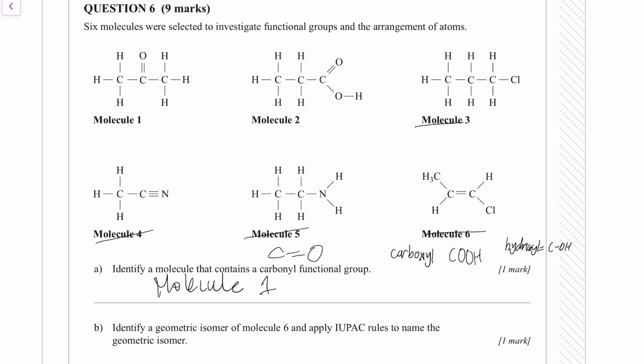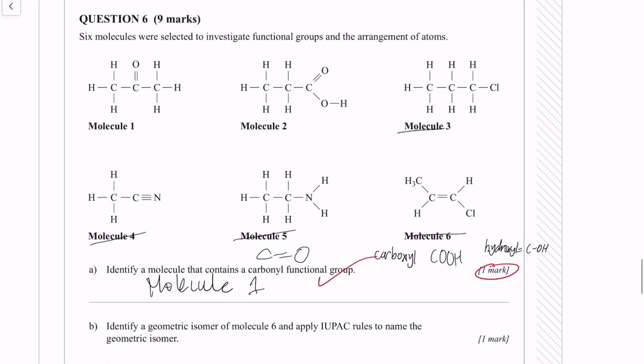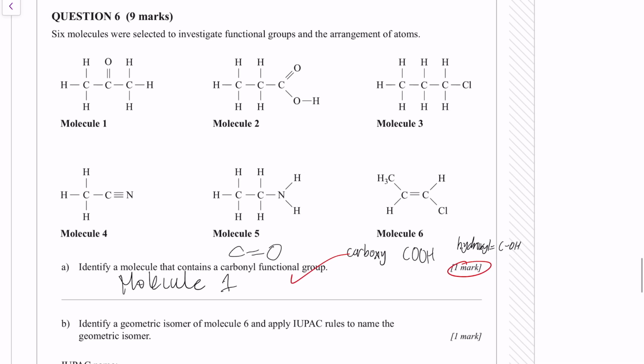Identify a geometric isomer of molecule 6 and apply IUPAC rules to name the geometric isomer. Okay, so this is what I was talking about before in the previous question from 2022.